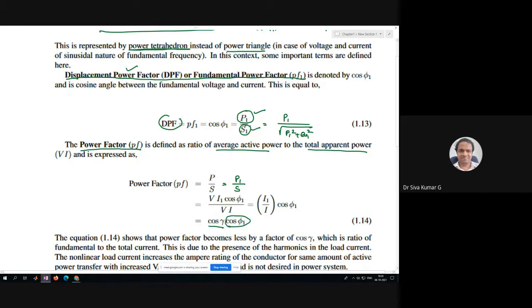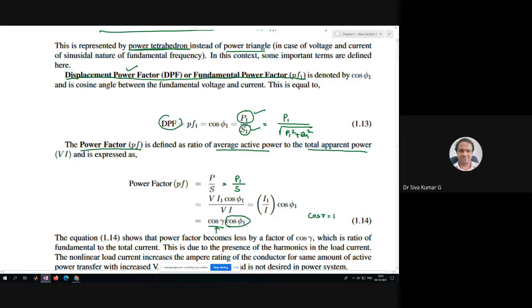If this particular factor is unity, I mean, if the cos gamma is unity, just a minute. If cos gamma is unity, in that case it will be equivalent to cos phi only.